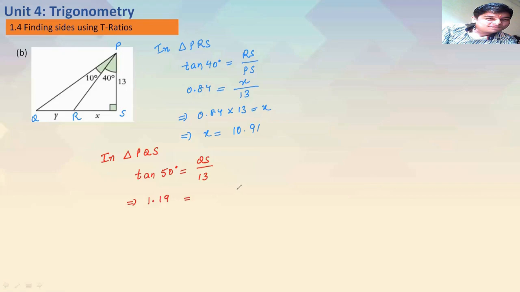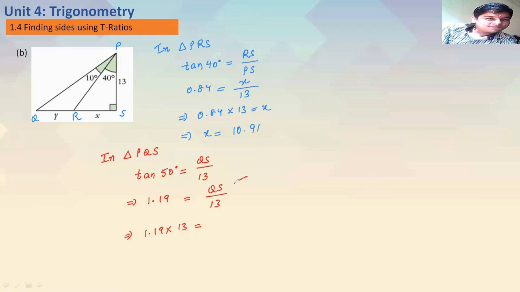Think over it again, please. If we cross multiply, then 13 tan 50 is 15.49. Okay, so you want to use QS at a later stage. So this is going to be 1.19 multiplied by 13.